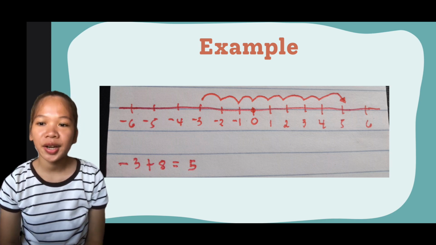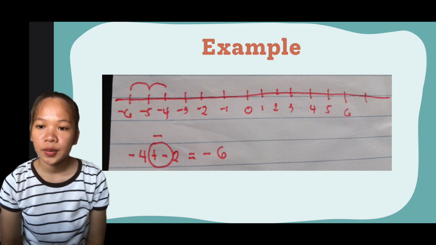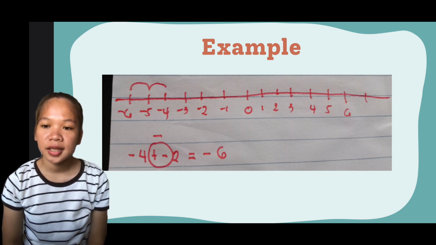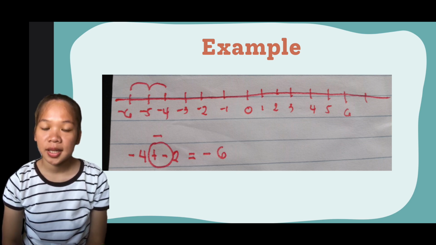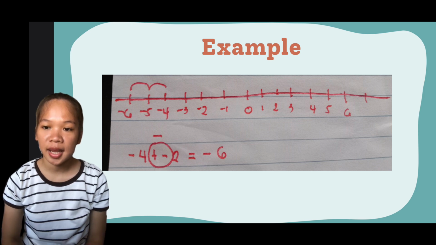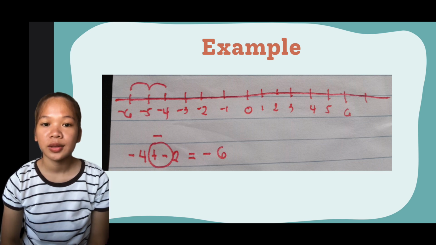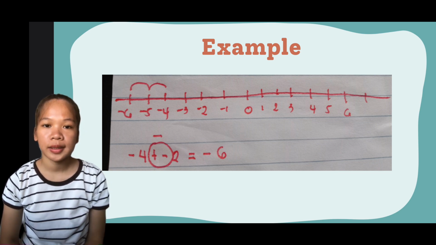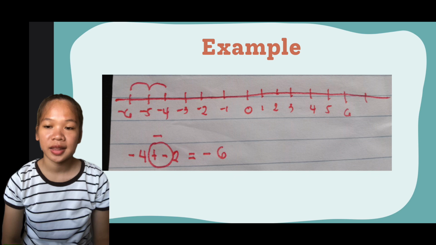So here is the last example for addition of integers. The question is negative 4 plus negative 2 equals negative 6. Di ba, of course, magkapareho sila ng sign, ang 4 and 2 are both negative. So we are going to jump pa left side because nasa left side yung mga negative integers.